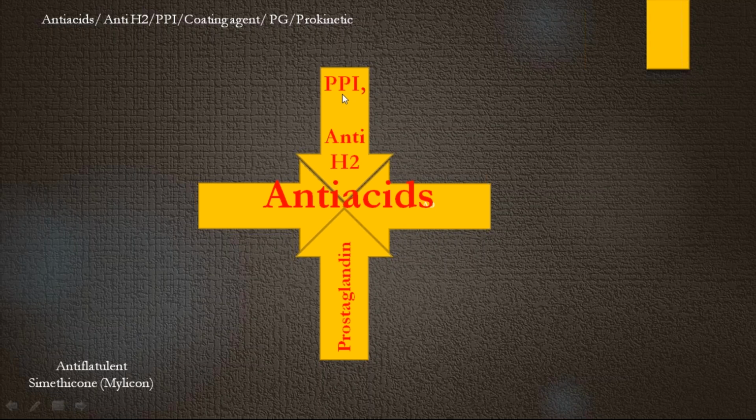PPIs are also over the counter. There are some long-acting ones that are under prescription. But remember, the PPI anti-acid mechanism of action is to decrease the gastric acid. It is not going to neutralize. What it's doing is decreasing the production of chlorhydric acid. Okay.